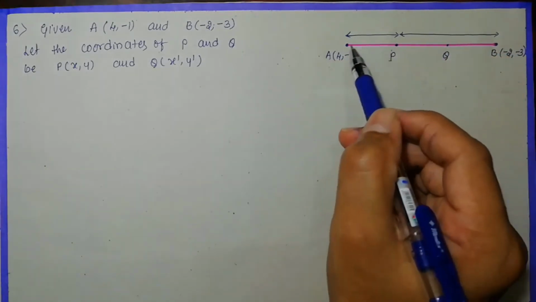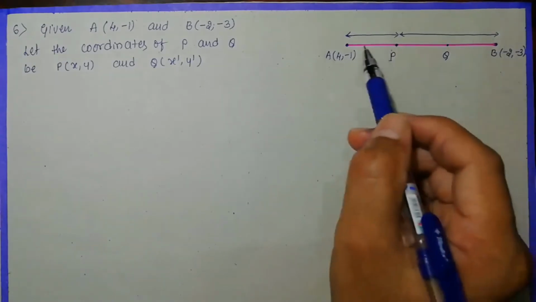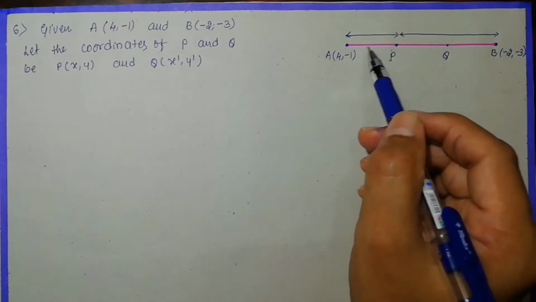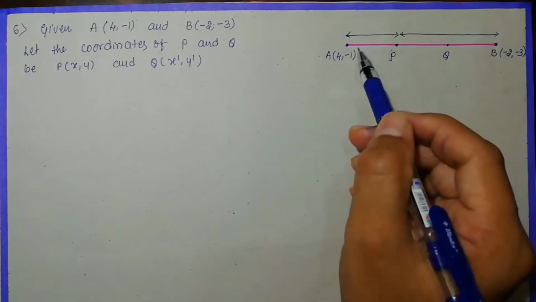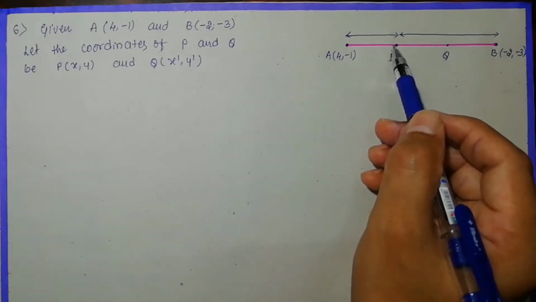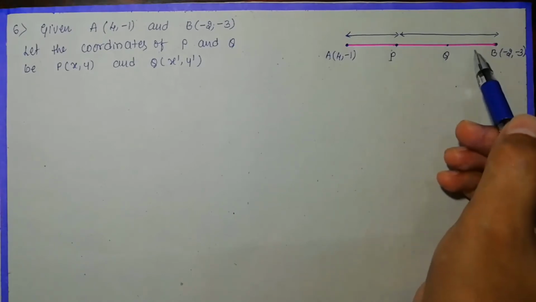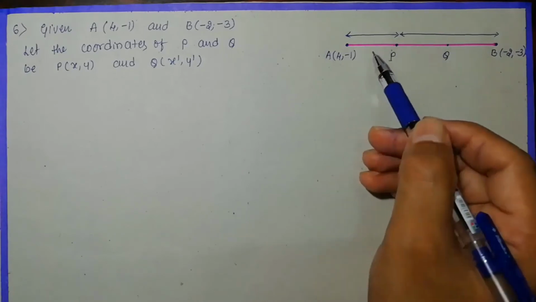A to P, whatever the length is, P to B is actually double of AP. This is because here there are AP, PQ, QB, 3 equal parts. Here AP is one part, but here PQ and QB are the 2 parts, whose length is equal to PA.